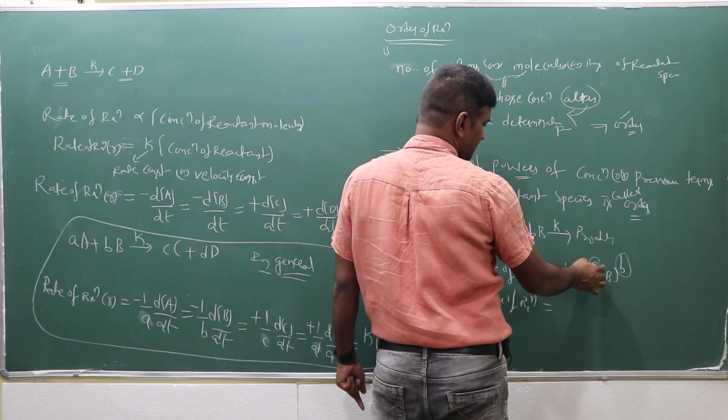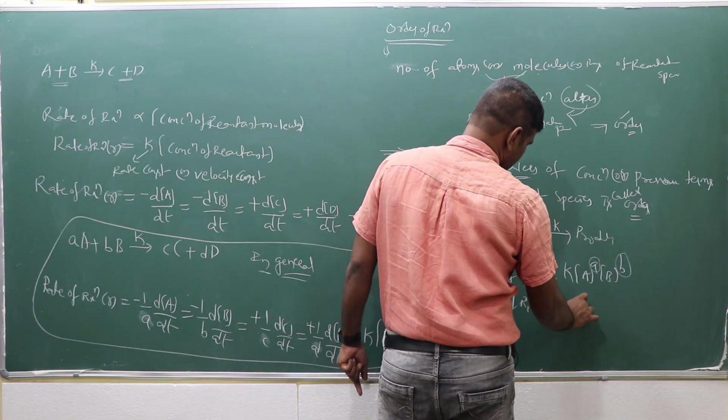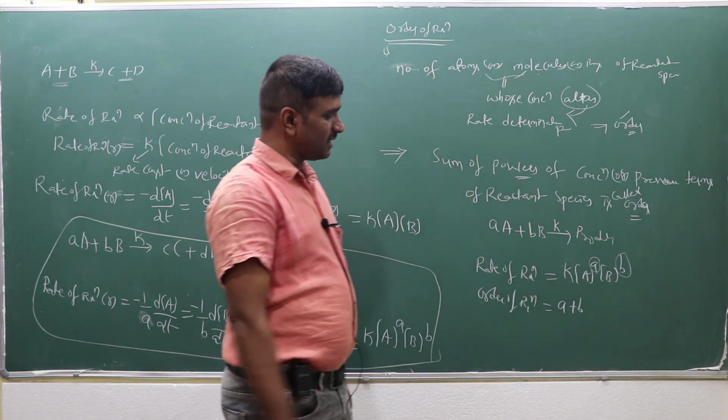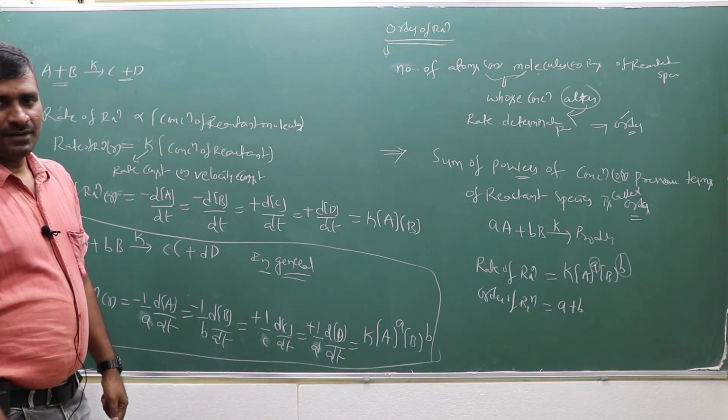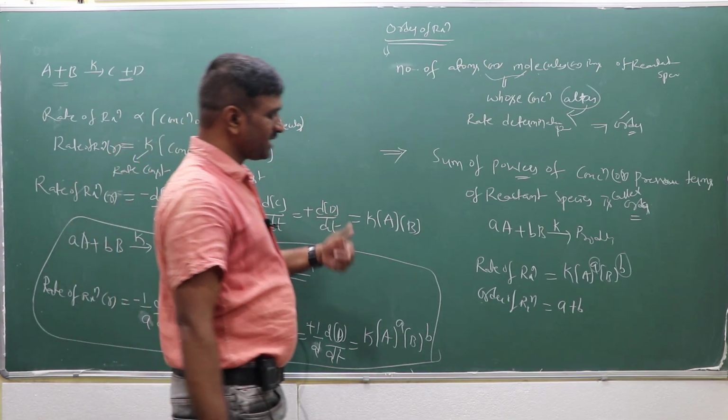A and B are the reactant species. The powers are considered as small a plus b. a plus b is the order of the reaction if it is given like this.